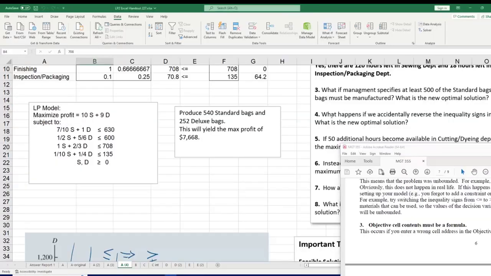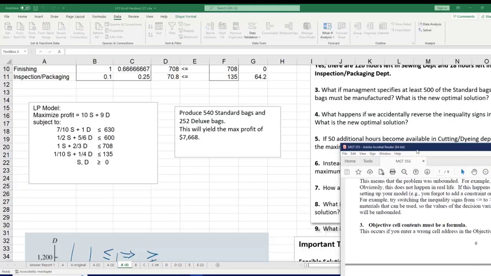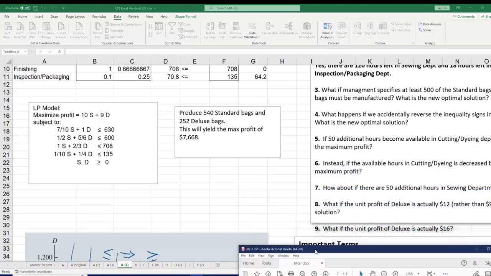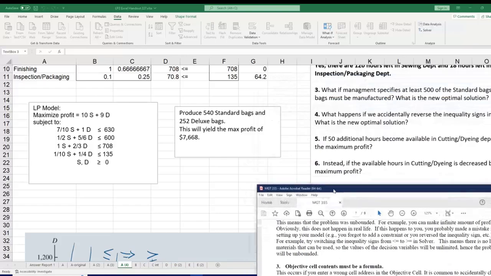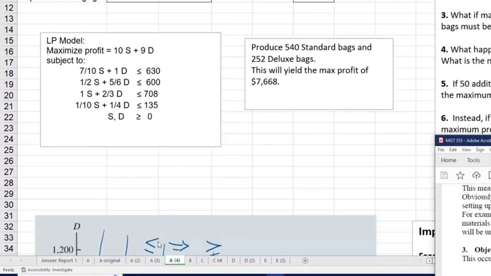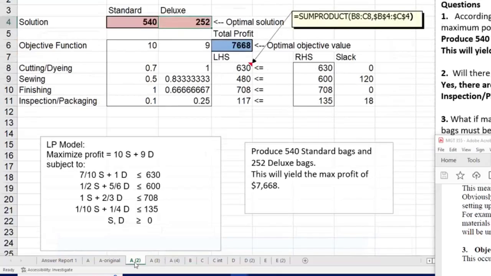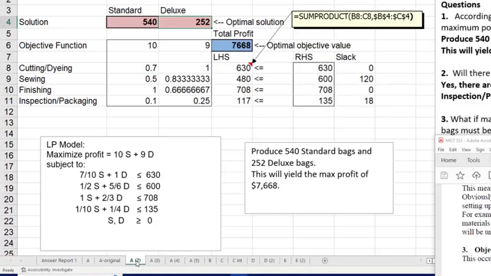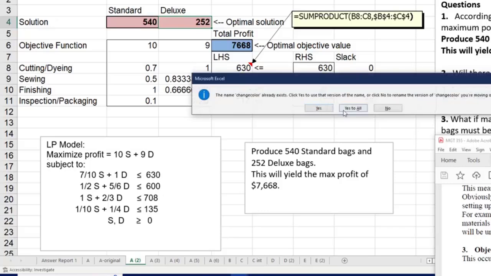So we did 3 and 4, and now we want to look at 5, 6, 7, 8, and 9. So what we'll do is, again, we're going to get the A2, and then we're going to make a copy. And let's just make a few copies.